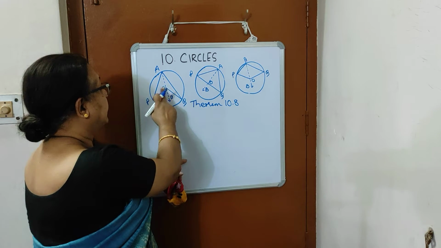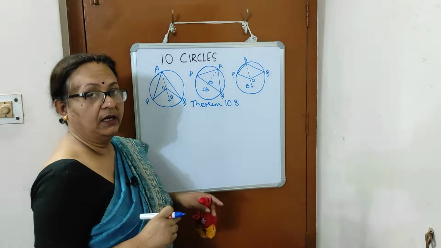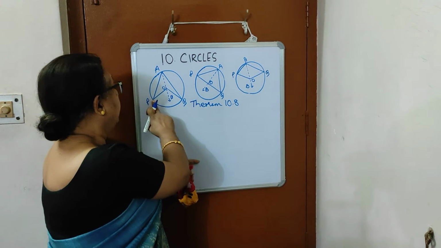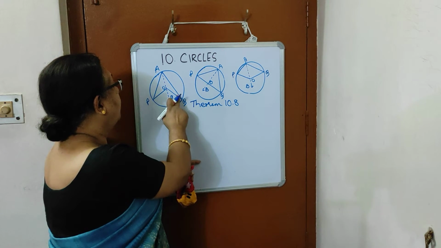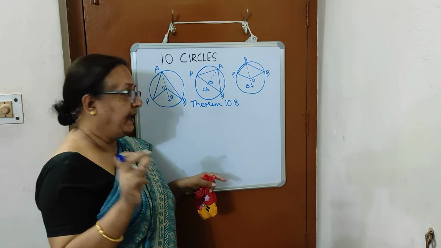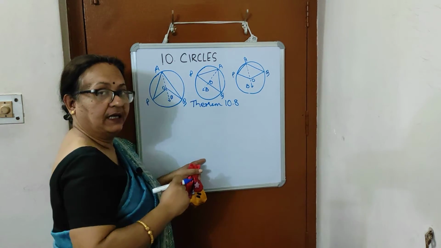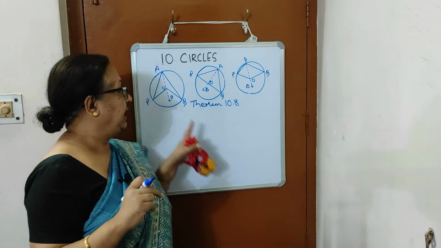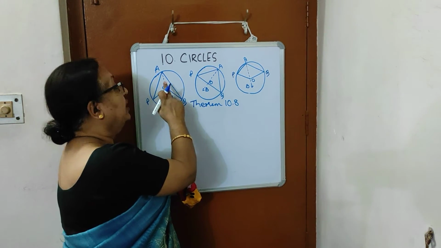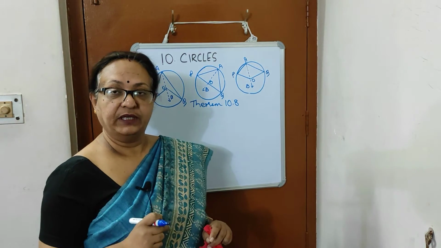A circle, center O, PQ is an arc of the circle. This PQ makes an angle at the center. In this case, PQ makes angle POQ, this angle at the center. The same arc PQ makes angle PAQ on the remaining part of the circle. The theorem says that the angle at the center will be twice the angle at any point on the remaining part of the circle.